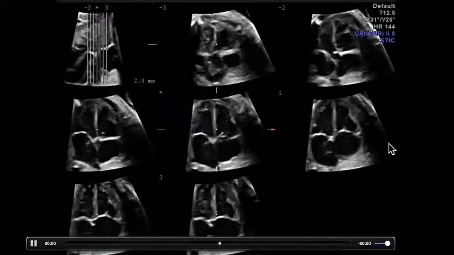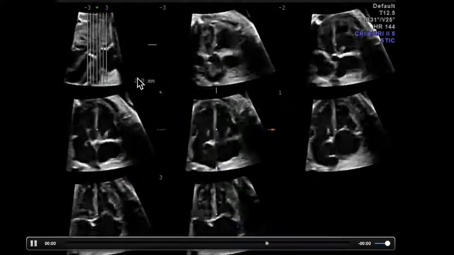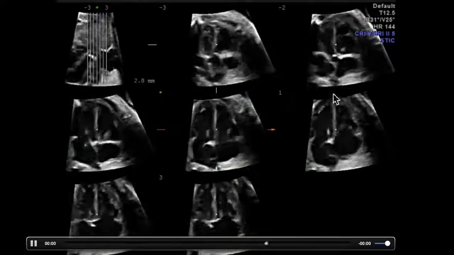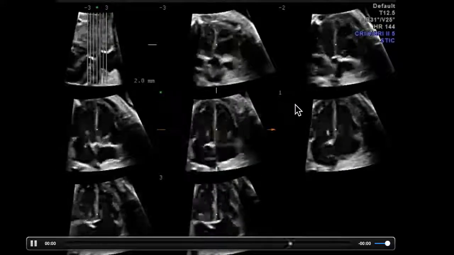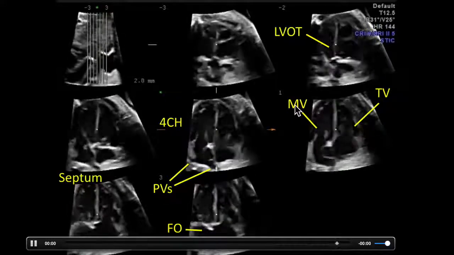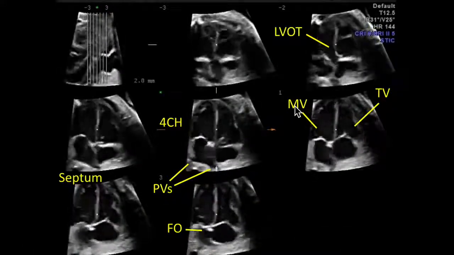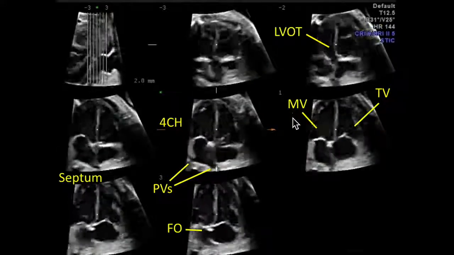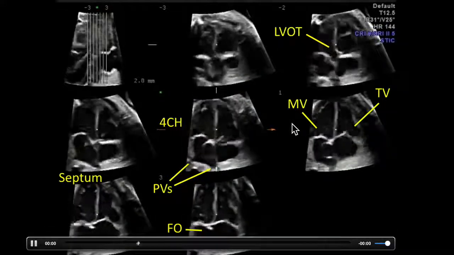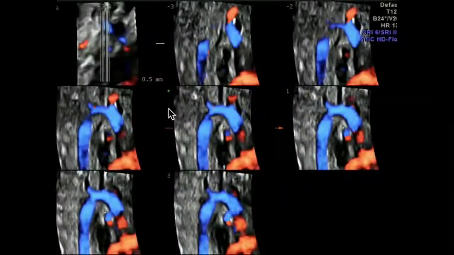So here's just a simple tiled image. In this case, we've set the slice thickness 2 millimeters apart, where we've gone through a 4-chamber view, really just as a kind of a quick scout shot to give us a tremendous amount of anatomy. So you can see with one quick sweep, you're able to reproduce all of these structures and document this anatomy. If you're looking at a structure that is far thinner, you might want to really narrow your slice thickness.